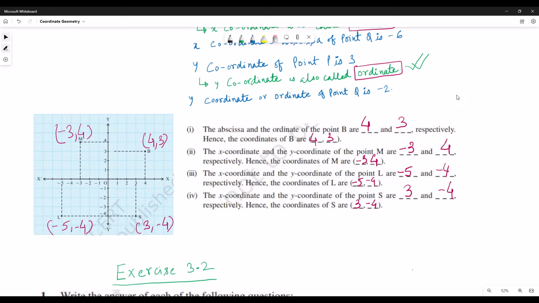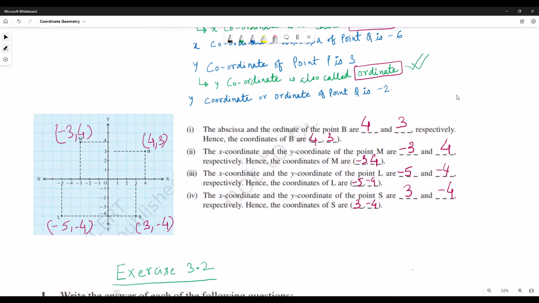When we say distance in the x direction, it is the distance from the y-axis. Just try to imagine what I am telling. The distance from the y-axis is the x coordinate, right? The distance in the y direction is the y coordinate.